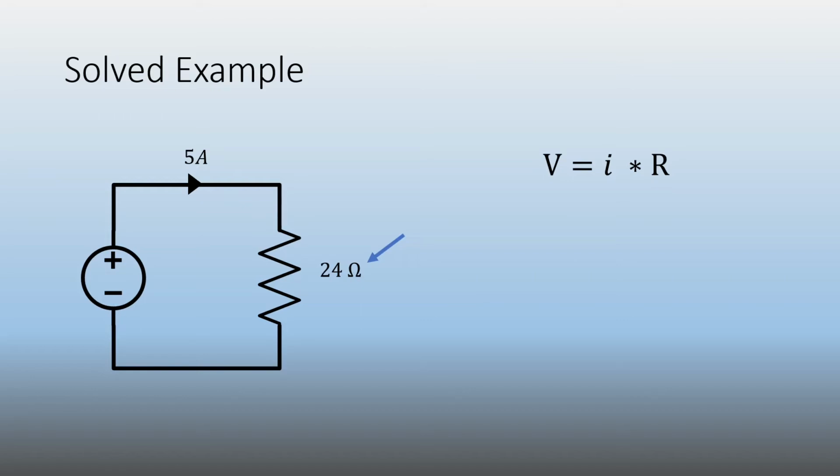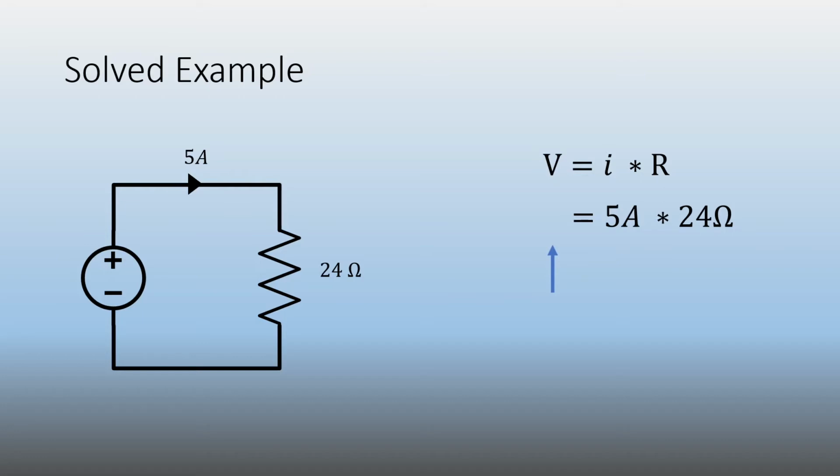Now we've only used Ohm's law once, but hopefully you got an idea of how it works from last time. We were given the current and resistance in the circuit. This means that we can find the voltage. Basically, the question asks if there are 5 amps of current flowing in the circuit and the circuit has 24 ohms of resistance, how much voltage is required to push that 5 amps of current through 24 ohms of resistance?